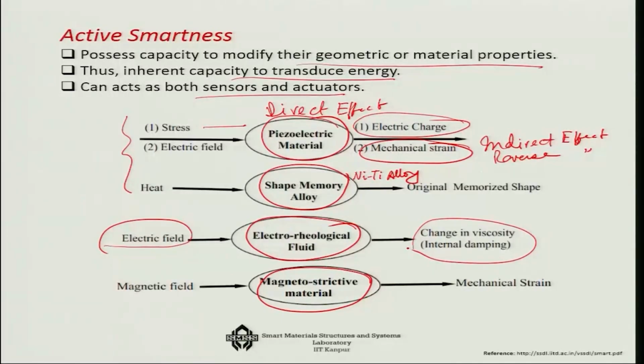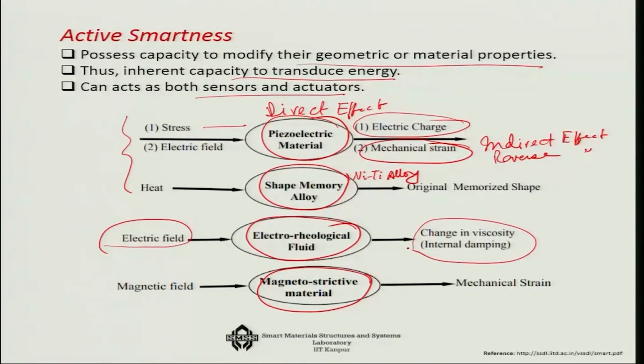Once again, in a laboratory, you can try a very simple test: take a colloidal suspension of starch, or something like maida, wheat powder, disperse it in a slightly acidic medium, and then apply high voltage.